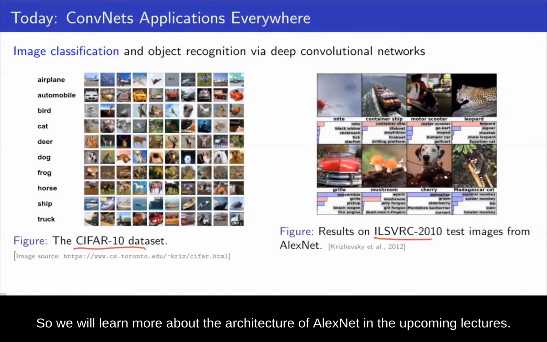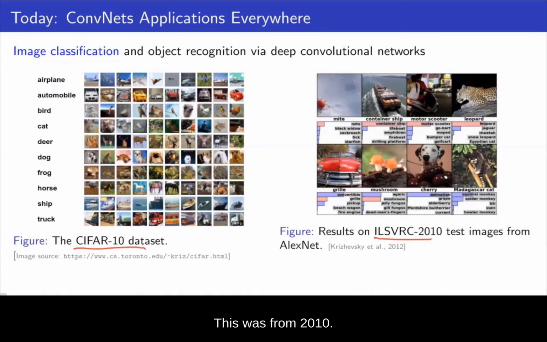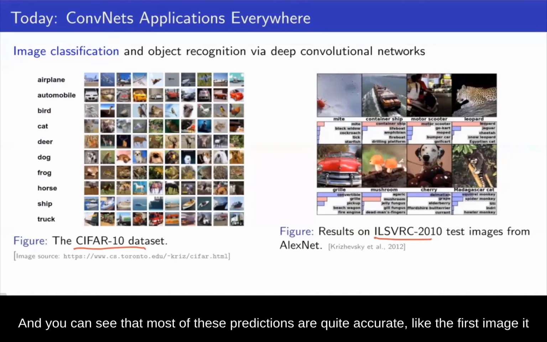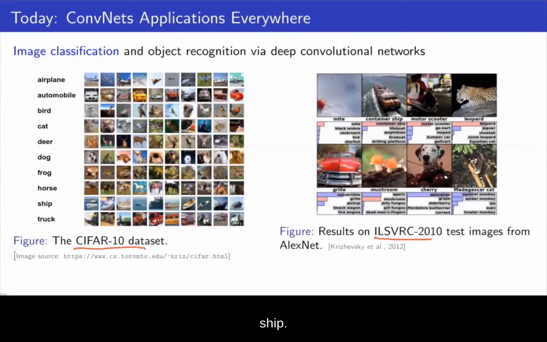We will learn more about the architecture of AlexNet in the upcoming lectures. But here you can see some example classifications from AlexNet. This was from 2010. And you can see that most of these predictions are quite accurate. Like the first image, it classifies as a mite. The second image, it even classifies exactly as a container ship.